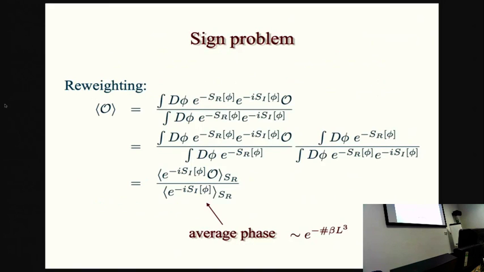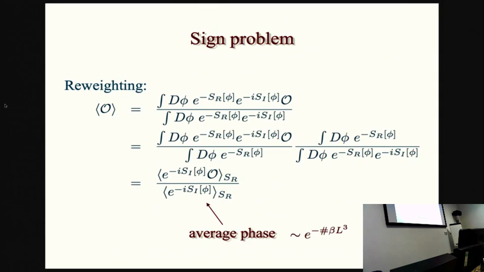Anyway, I will spend 5 seconds telling what reweighting is. So, if you want to compute a certain observable in field theory and your action is complex, you have the issue that was discussed repeatedly here, right? One way of dealing with the complex action is to take the imaginary part as part of your observable and just rewrite the observable as a ratio of this quantity, the observable times the phase, divided by the average phase.